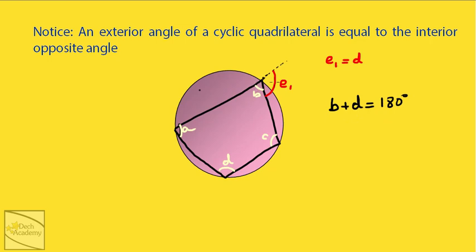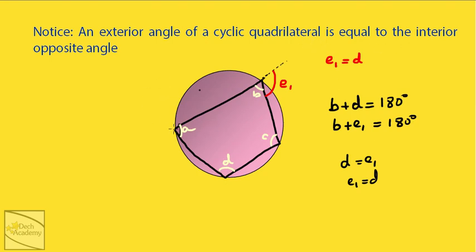B and E1 are angles on a straight line. So B plus E1 is 180 degrees. And because B plus D is 180 degrees, B plus E1 being 180 degrees means that D is equal to E1, or E1 is equal to D, which is what this says.